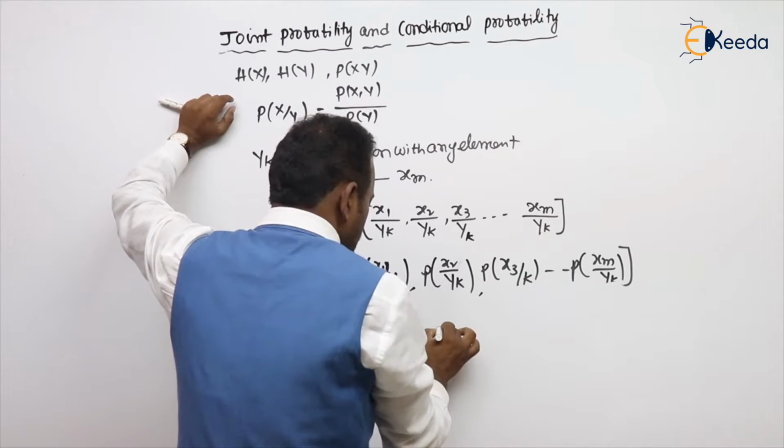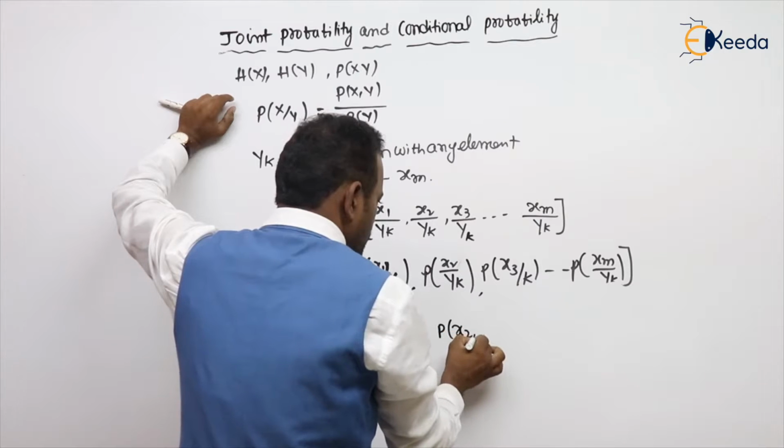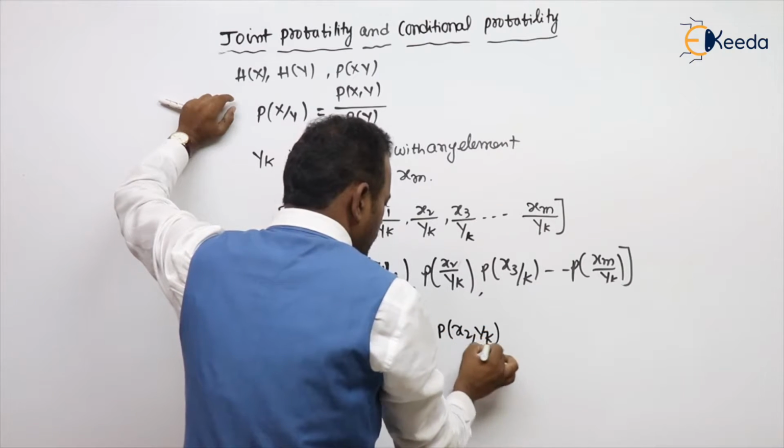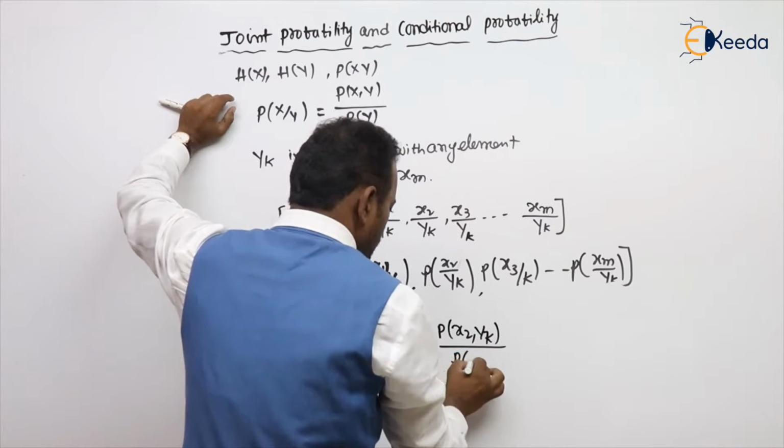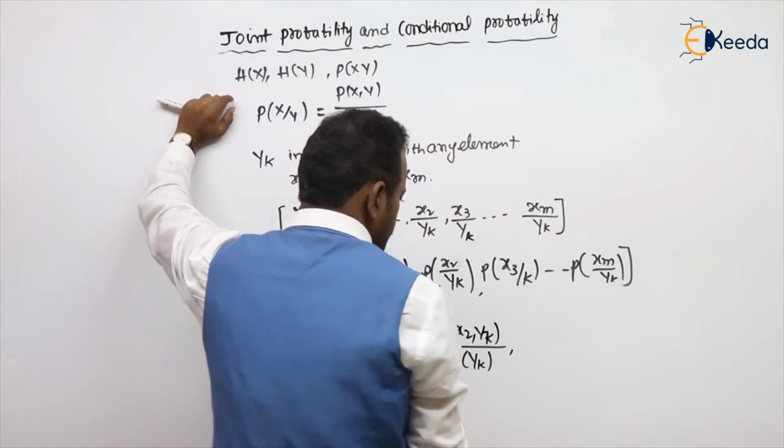What about this? Probability of x2 yk divided by probability of yk.